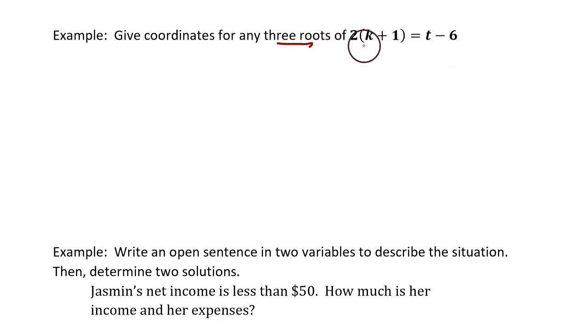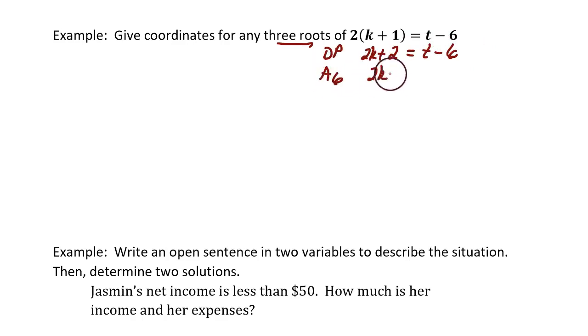First, you'll notice that this equation does not use the variables x and y. Instead, it uses k and t, but the process is the same. Solve for one of the variables in terms of the other. First, let's do the distributive property. 2 times k is 2k, and 2 times 1 is 2. Now we can get the variable t alone by adding 6 to both sides.